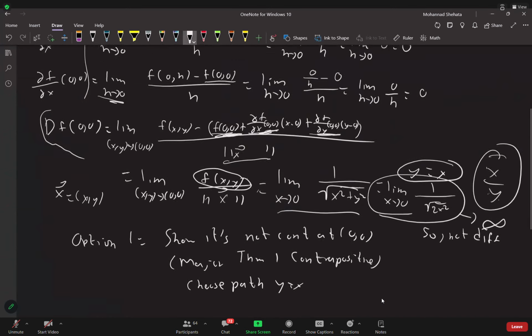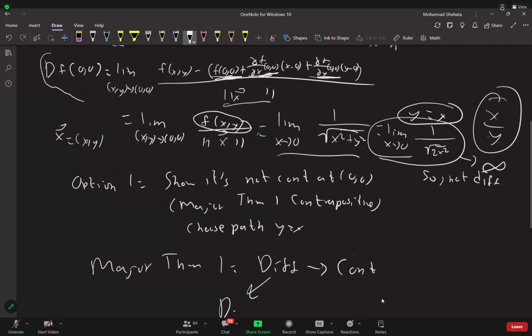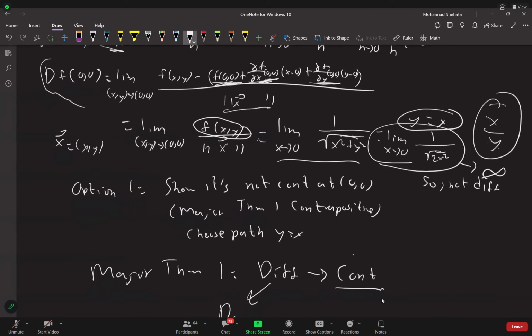The other way would be to show major theorem 1 states differentiable implies continuous. Where differentiable, this is D, not the partials. This is the actual D. So D must exist. This implies continuity. So if you show it's not continuous, this is the same as showing it's not differentiable by contrapositive.